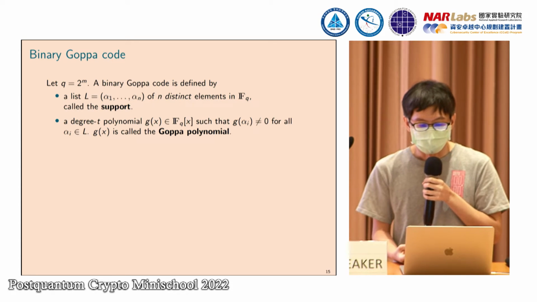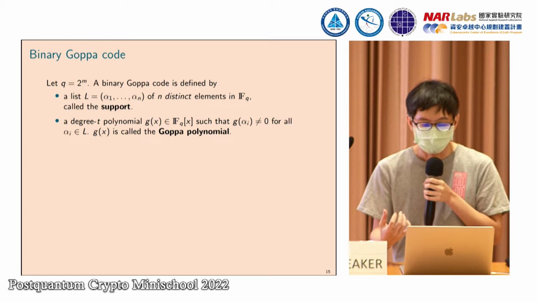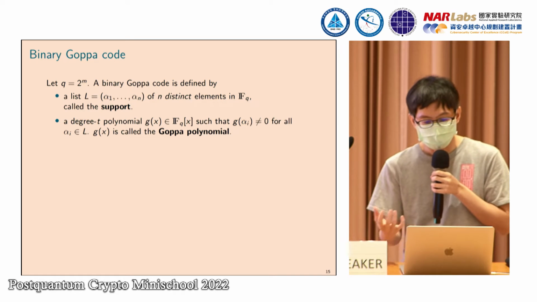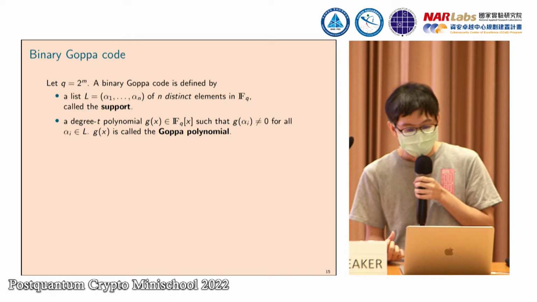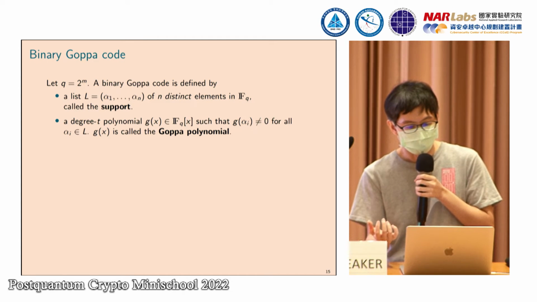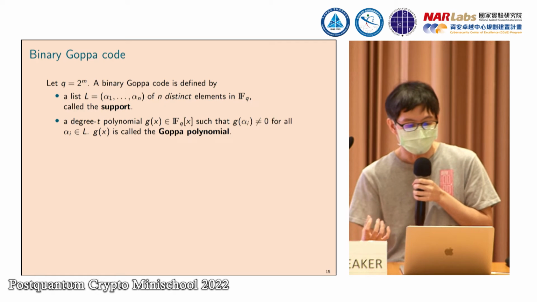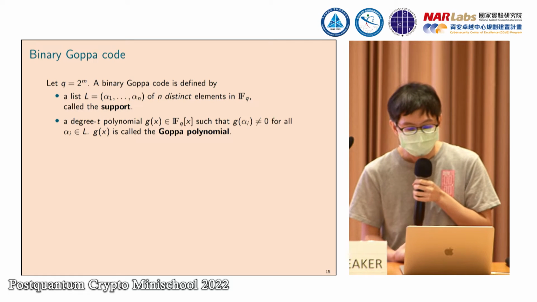And then you will have a degree t polynomial g over Fq. The constraint on this polynomial is that g of any alpha i shouldn't be 0, so any alpha i shouldn't be a root of this polynomial.